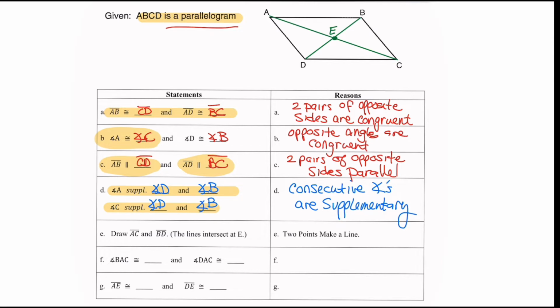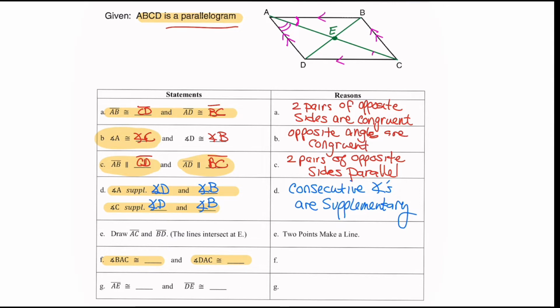Next, we're going to figure out what is congruent to angle BAC and DAC. So BAC will be this angle right here, and angle DAC will be this angle right here. One thing that we can say those are congruent to would be through the idea that parallel lines create alternate interior angles.